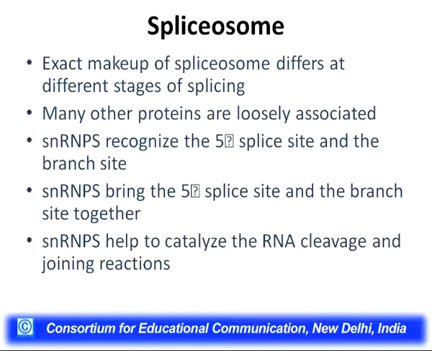Now, the exact makeup of the spliceosome differs at different stages of splicing. It is not that all the snRNPs, that is U1, U2, U4, U5, U6, are bound to mRNA at a single time and carry out splicing in a single go. There are various steps for this splicing to be carried out, and it requires the help of various other proteins which are loosely associated with the spliceosomal complex.